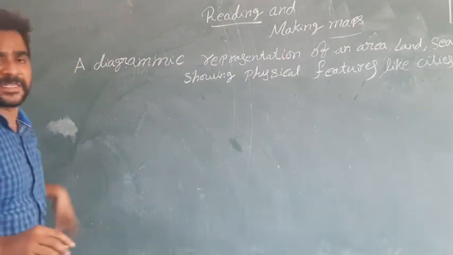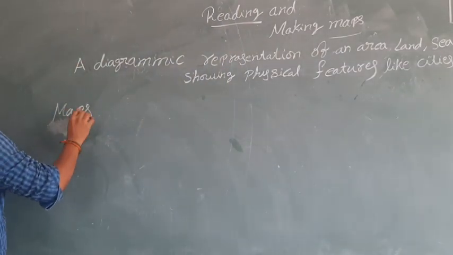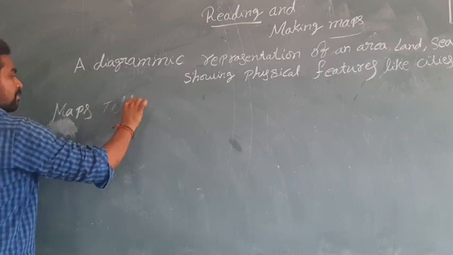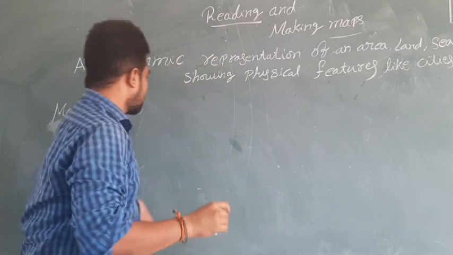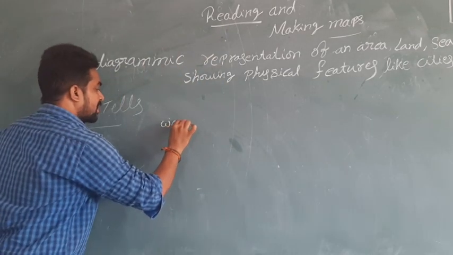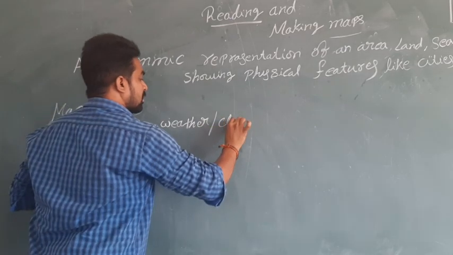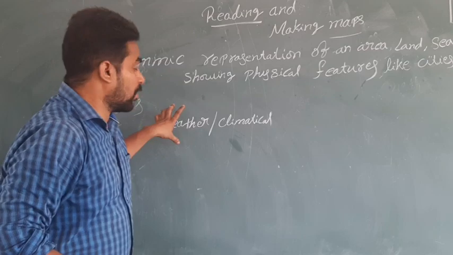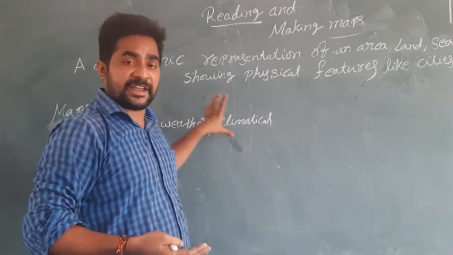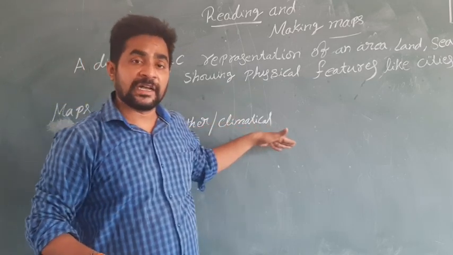So what do maps tell us? Maps tell us the weather and climatic conditions. Maps tell what temperature can be found in an area, that's weather and also the climate.